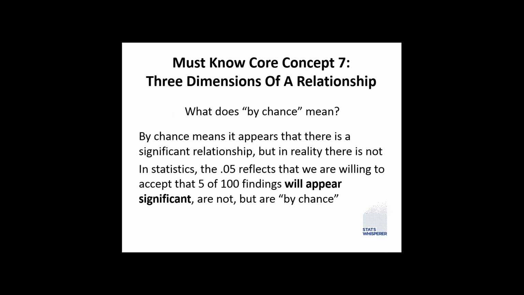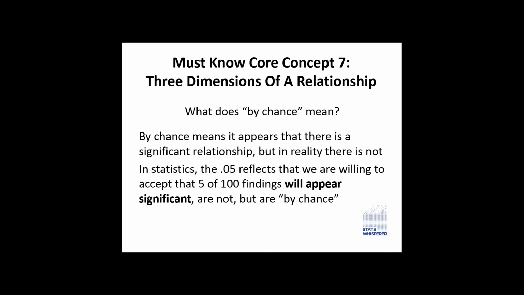So what does by chance mean, right? A lot of people know that it has to be 0.05 or less to be significant, but the further you get from Stats 101, the more that by chance starts to fade a little many times, me included.